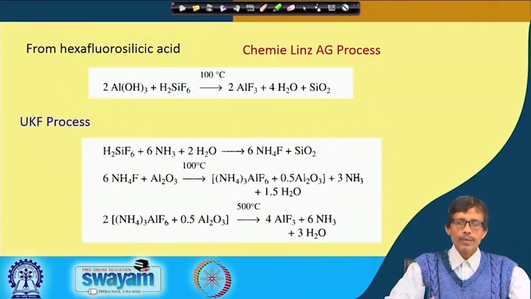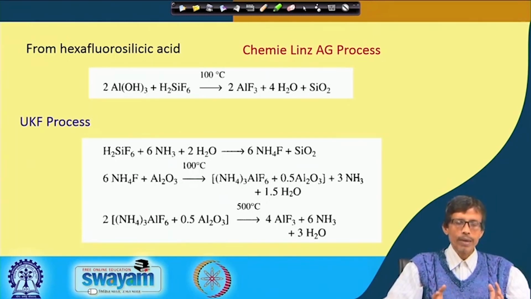So, though it is a very simple 3-step process, for this particular material you increase the temperature to 500 degree centigrade. When you increase this temperature to 500 degree centigrade, that double-salt type of material, when you have excess alumina in it, is decomposed at that higher temperature.